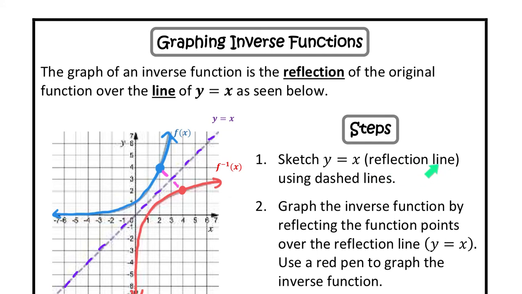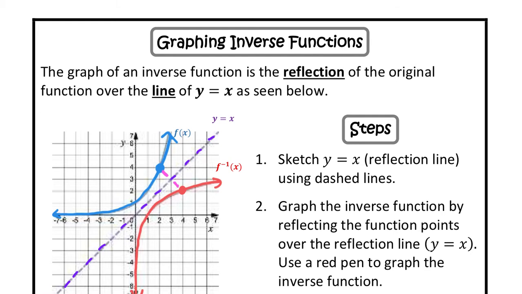Okay, so that's the first step you want to do. You want to draw the reflection line. And then you want to graph the inverse function by reflecting the function points over the reflection line, and then use a red pen to graph the inverse function.